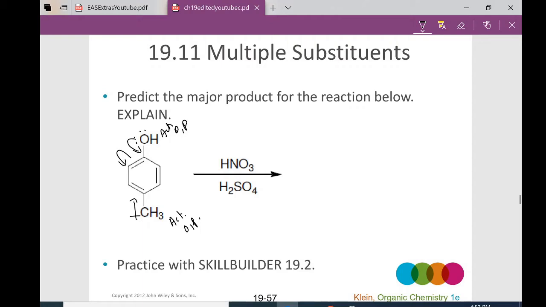So the fact is the stronger activator is going to trump the weaker activator, and the incoming substituent is going to go in ortho to that hydroxy group because the para position is blocked.